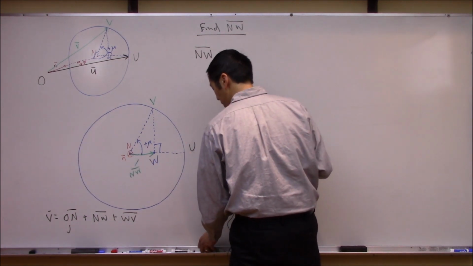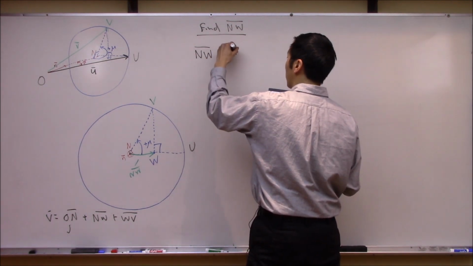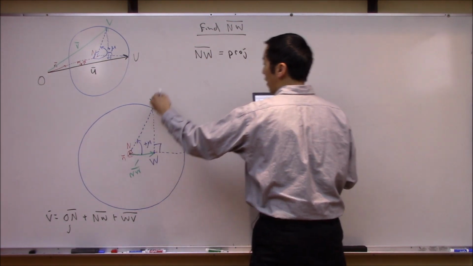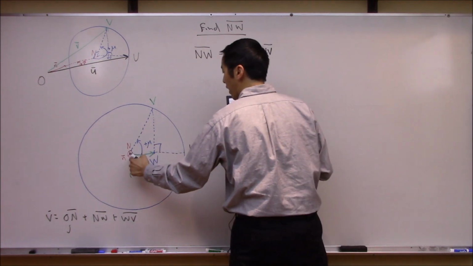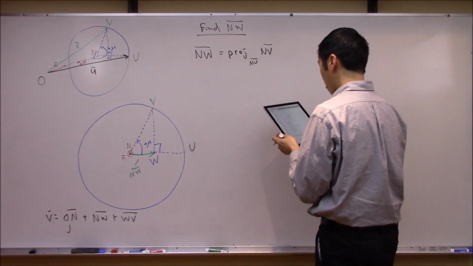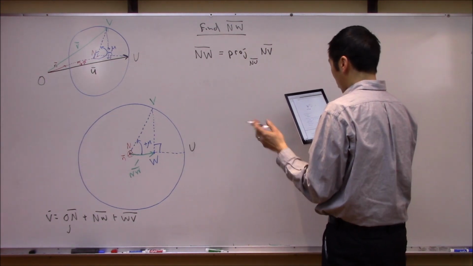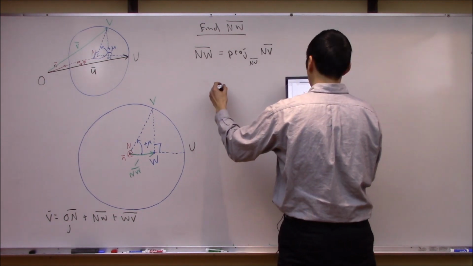That's one way we could describe this, right? So we could say here that NW is the vector projection of NV onto the vector NU here, right?